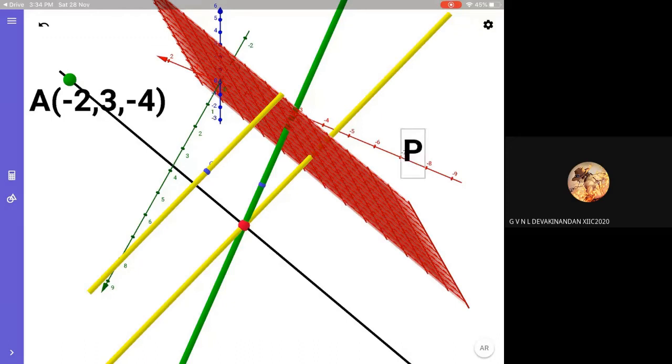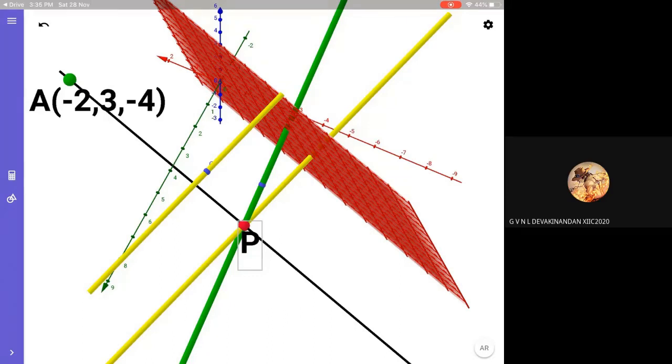Measured parallel means this black color line is a parallel line, and if you consider the red color point as P, you can say that AP is parallel to the plane. I repeat, AP is parallel to the plane and P is a point on the given green line. Okay, so the required one is the distance between A and P.